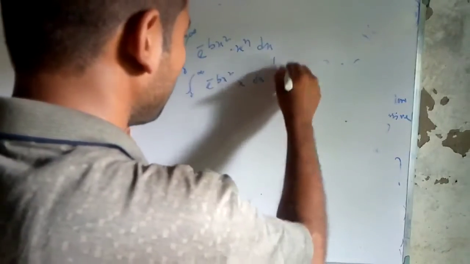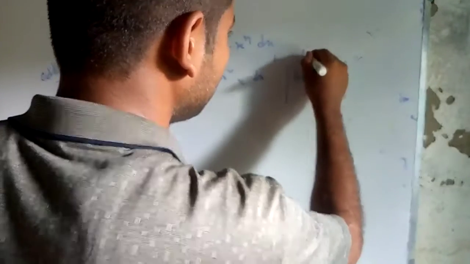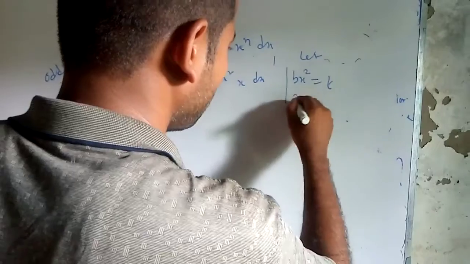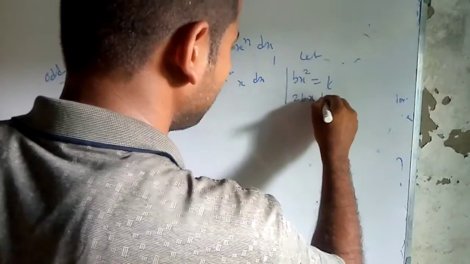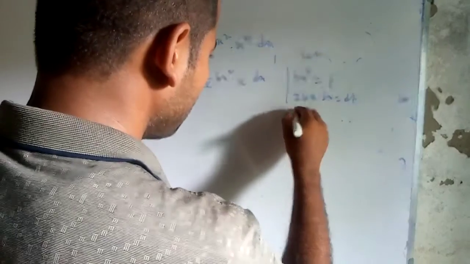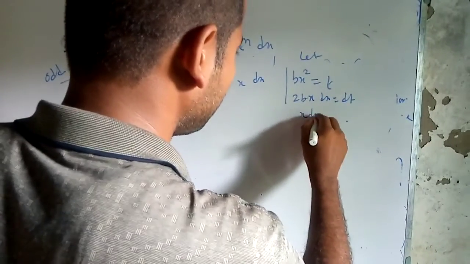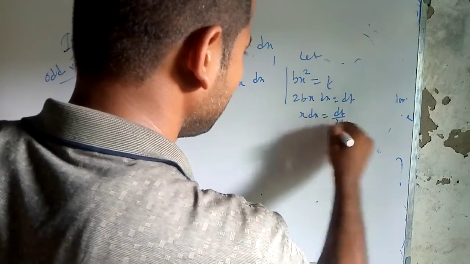Put b x square equal to t, and 2b x into dx is equal to dt. So x dx is equal to dt by 2b.